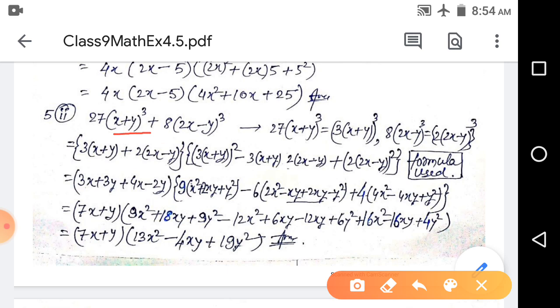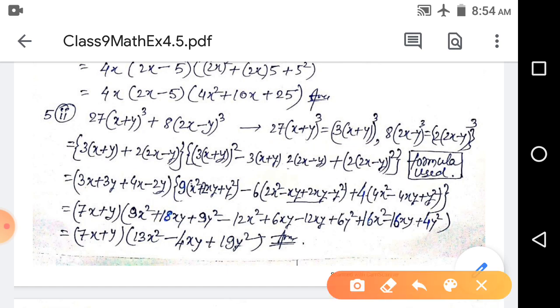So this 27(x + y)³ can be written as (3(x + y))³, because 27 is a cube of 3. So this is written as (3x + y) whole cube, because (x + y) cube is present there and 27 is 3 cube.